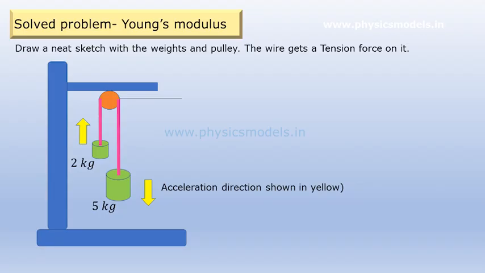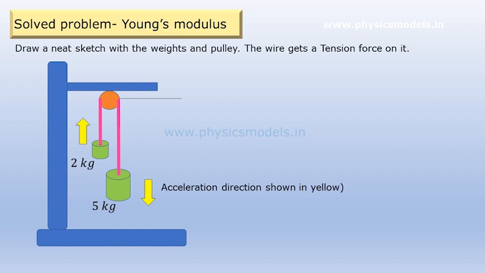We draw a neat 2D sketch like the 3D model that we saw, and it's important to note in any pulley system that the heavier mass will pull up the lighter one. So the 5 kg mass will accelerate downwards, shown in yellow arrow pointing downwards, and therefore the lighter 2 kg mass will be pulled upwards, and that will accelerate upwards.